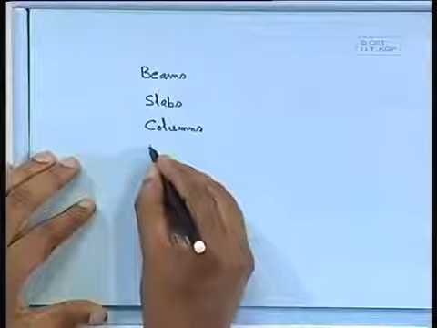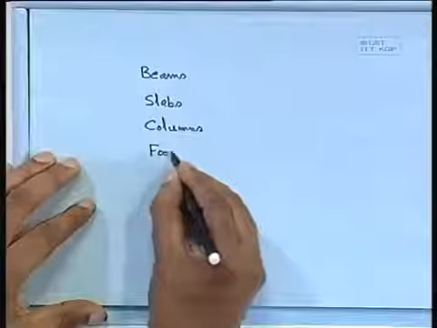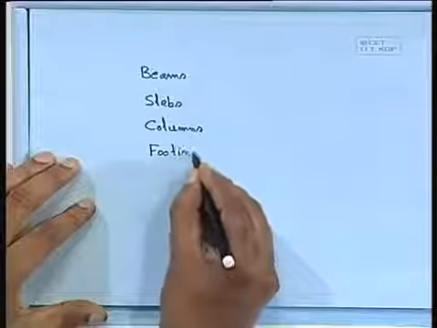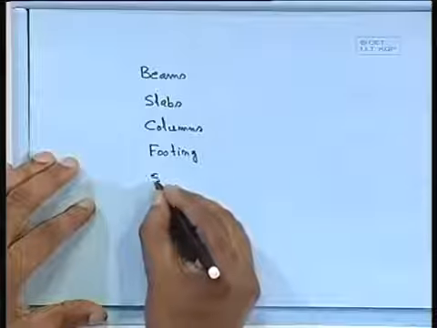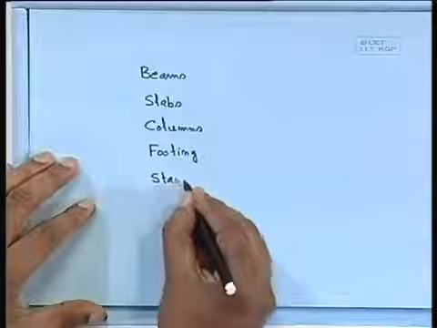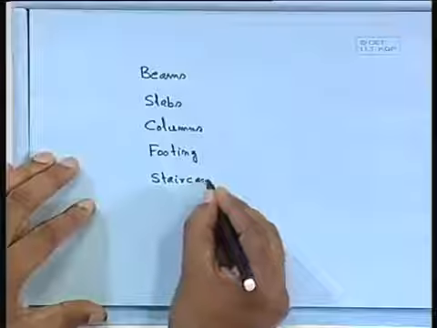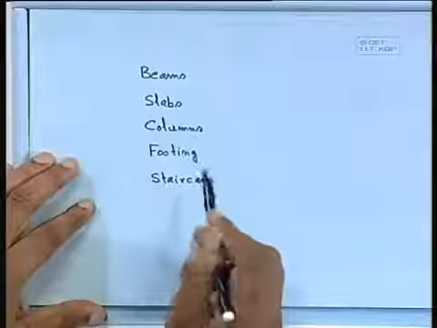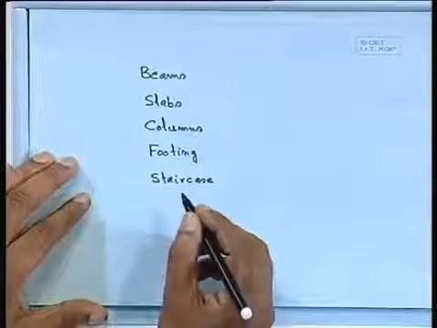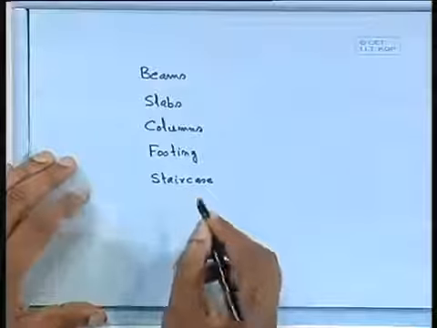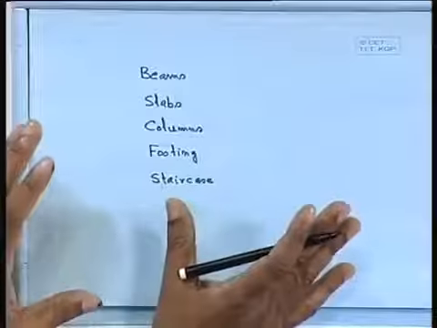Next we shall go for footing. In addition to that, we shall also design staircase. So if we can design all those 5 components, we shall be able to design a building. That is our primary concern, at least for this particular course.